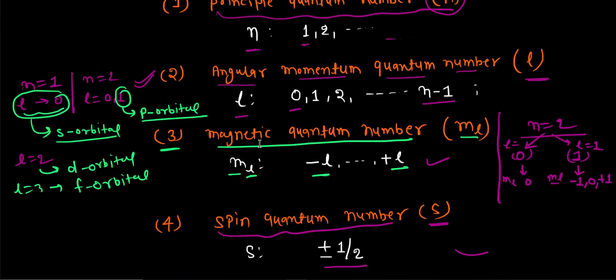Okay, so the electron can be rotating in this direction or in this direction around an axis. Now we will not be going into much deep detail here because it is not relevant for us, but what I want to tell you is that these are the 4 quantum numbers defined for an electron.